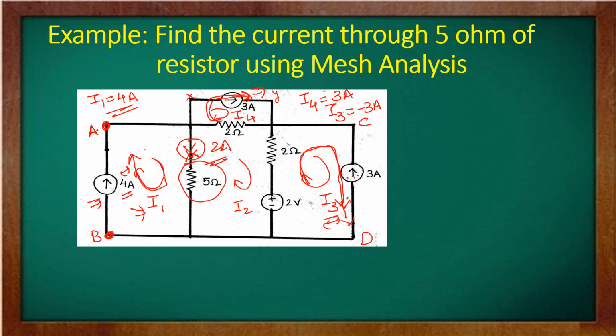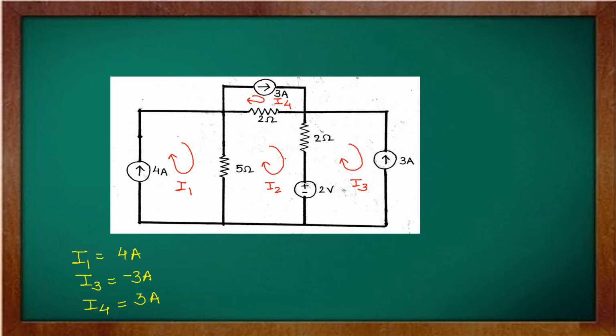This is our network only. So this is our finding: I1 is 4 ampere, I3 is minus 3 ampere and I4 is 3 ampere. Now we are interested in finding the current through the 5 ohm resistor. So we have to write the loop equation for I2, because there is no current source in it as such.